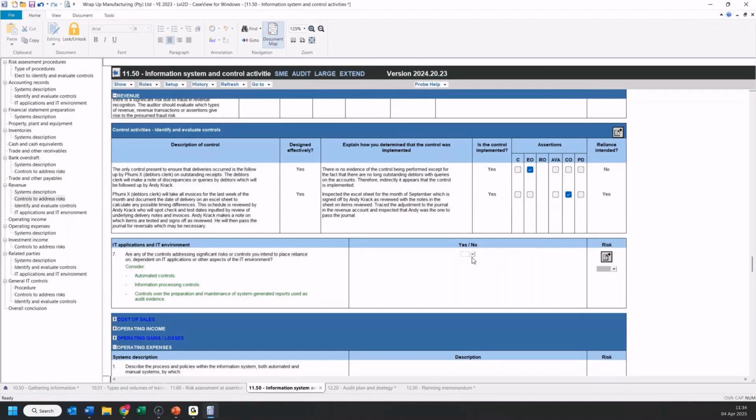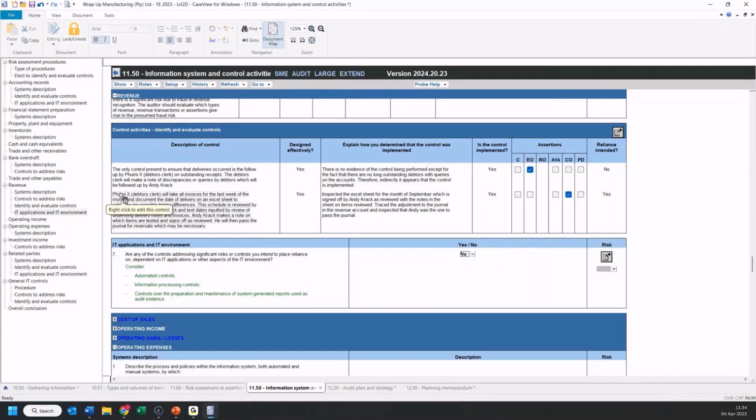So I'm going to say no in this case. I guess you could also reason and say, well, there's Excel and Andy, and how do you know it was really Andy? But it does say that Andy signs it off. So I'm assuming that he does it in Excel, prints it off, and then signs it, or signs it electronically. Well, then you're going to have to consider the electronic signature considerations. But for now, let's just say no, there aren't any IT controls or IT applications, and move on from there.